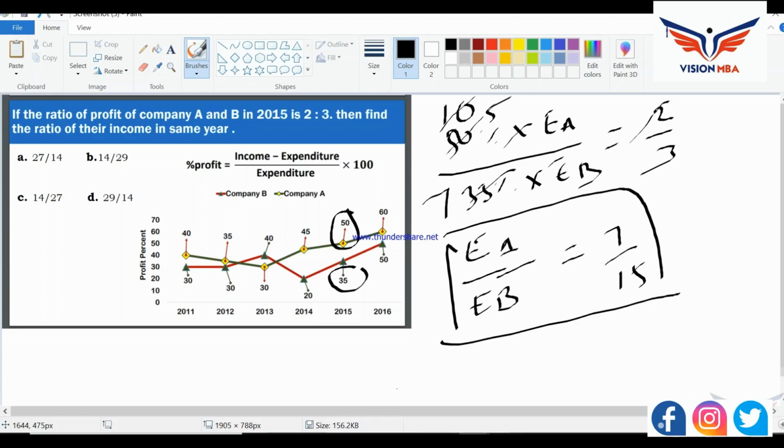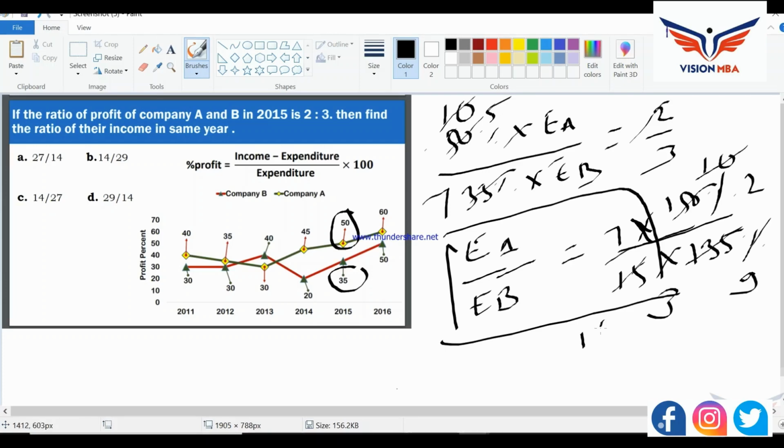All we need to do is, income is expenditure into profit percent, so for A it was 50, that is 150%, divided by the respective profit percent for B, that is 135. This is 10, this is 9, this is 3, this will go for 2. 14 by 27. C will be your answer.